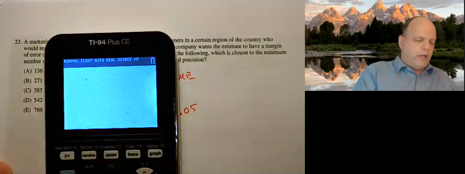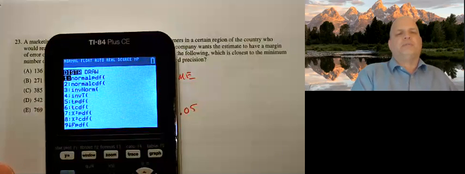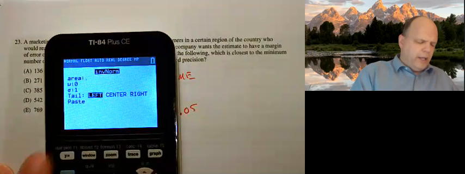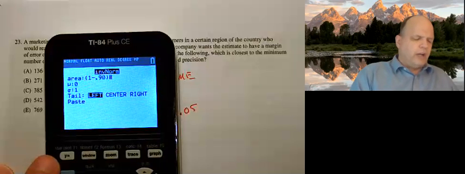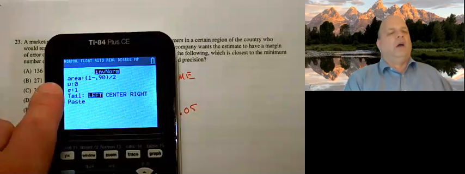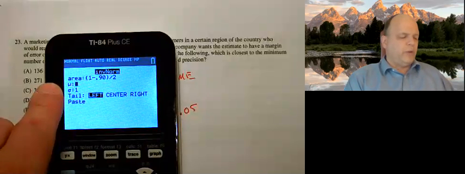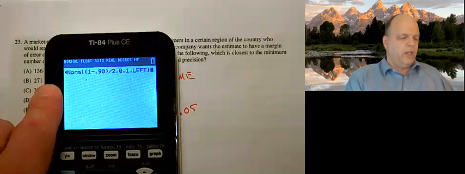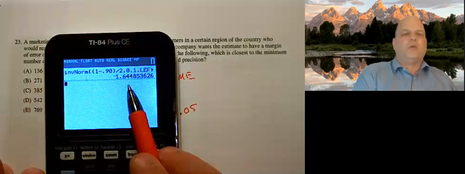I can do that quickly from the calculator, second vars, inverse norm. My area is going to be 1 minus the 0.90, because that's our confidence level, divided by 2. And since this is Z, it's always going to have a mean of 0, standard deviation of 1. So we end up with 1.645.